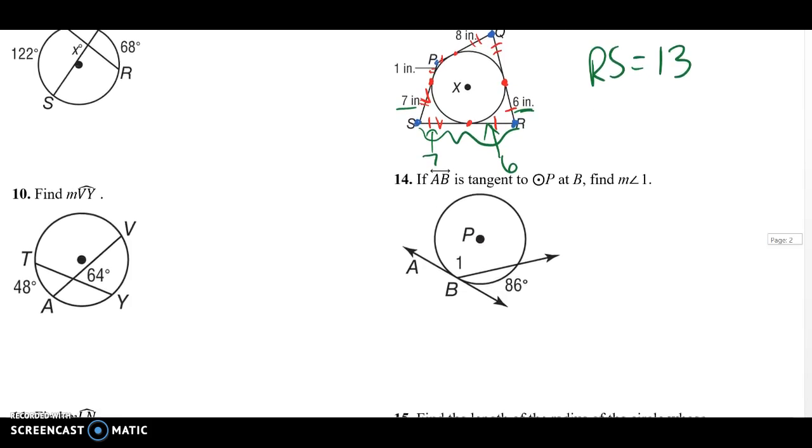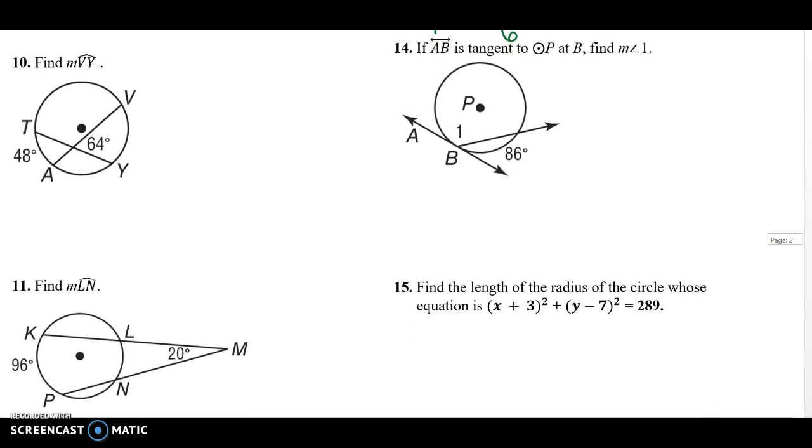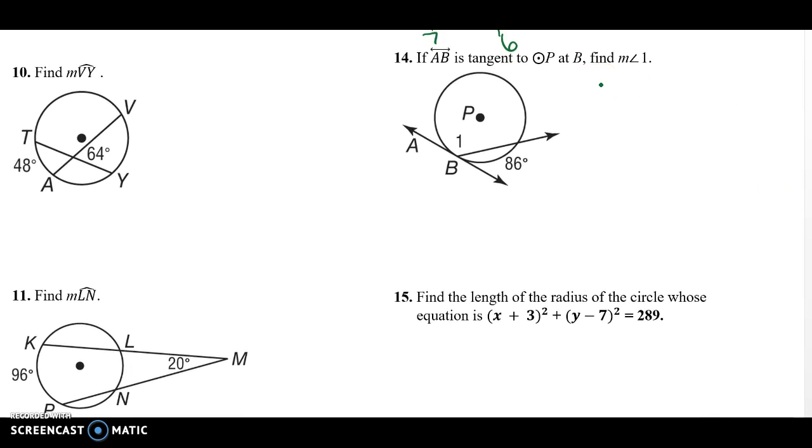Moving on to number 14. It says if AB is tangent to circle P at B, find the measure of angle 1. We talked about these when we were discussing all our different angle measures around our circle. Here we're looking at an angle with the vertex on the circle.